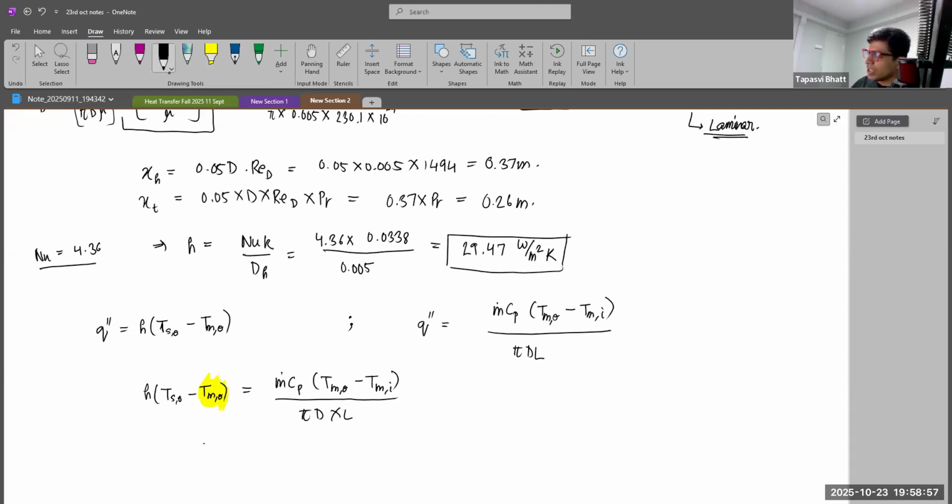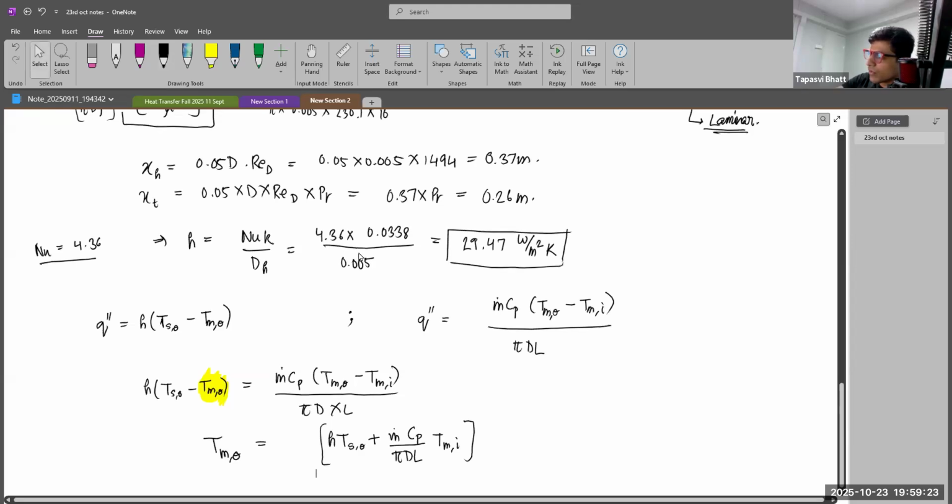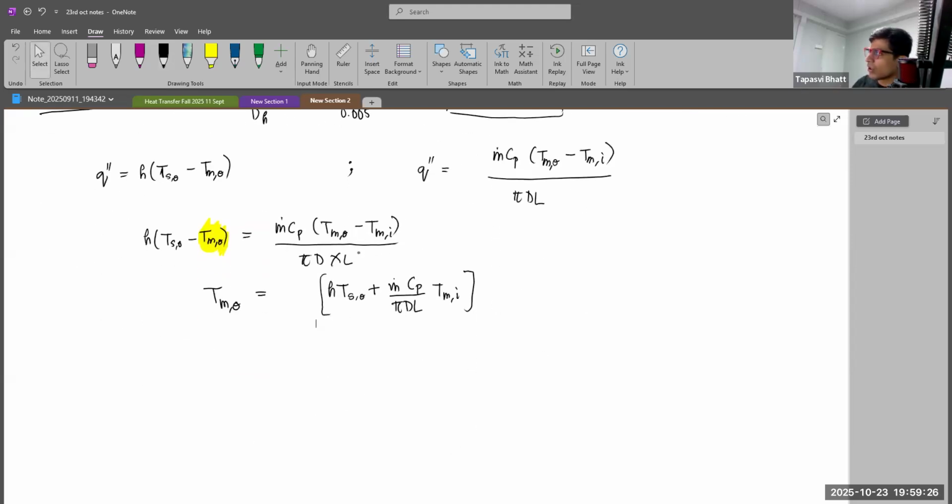So you will get T mean at the outlet is h times Ts at the outlet plus m dot Cp over pi D L times T mean at the inlet as the first term, divided by m dot Cp over pi D L plus h.